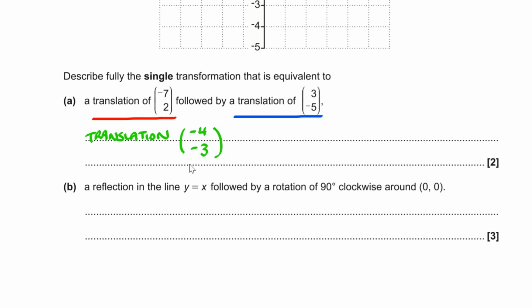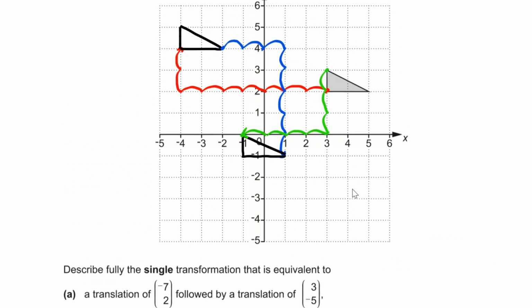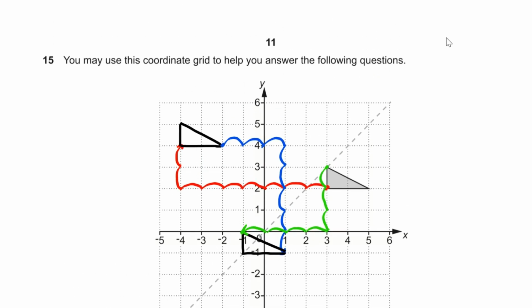And now for part B, we have to see what we have when we have a reflection in the line y equals x followed by a rotation 90 degrees clockwise about the origin. Well, if we draw the line y equals x, well, here is the line of y equals x, and if I transform this in the line y equals x, we'd have something looking like this over here.